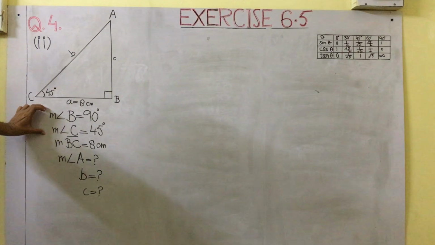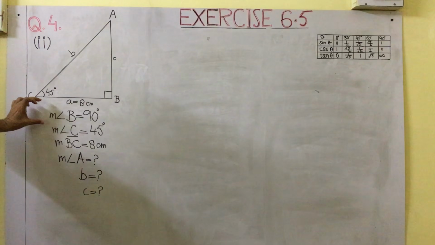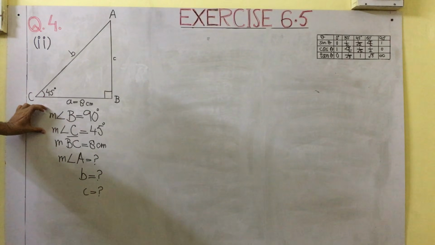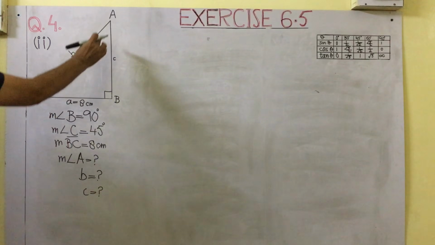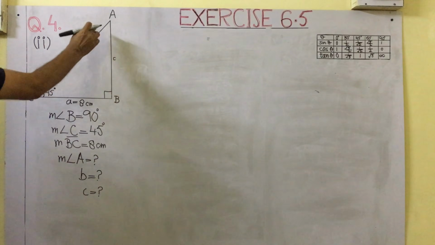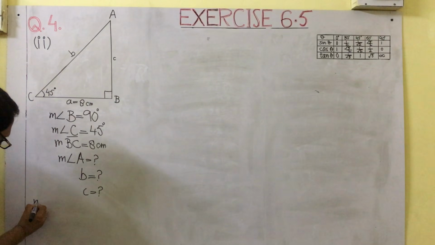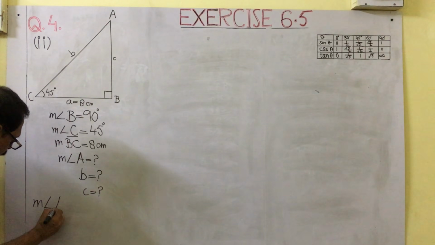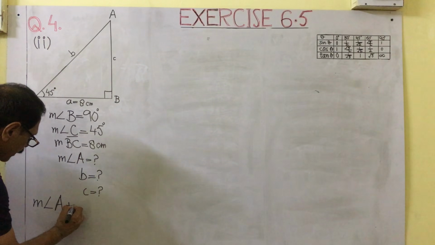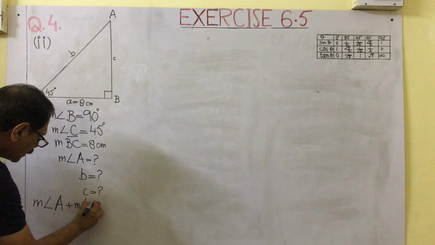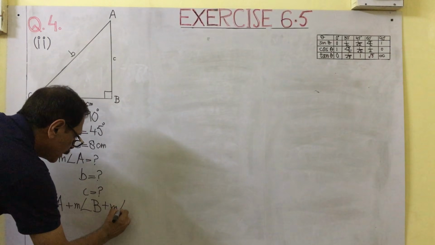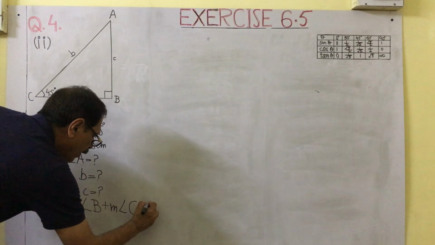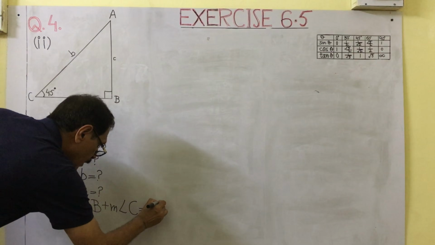Two angles are given. So we can find the third angle A by using sum of three interior angles of a triangle is equal to 180 degrees. So angle A plus angle B plus angle C is equal to 180 degrees.